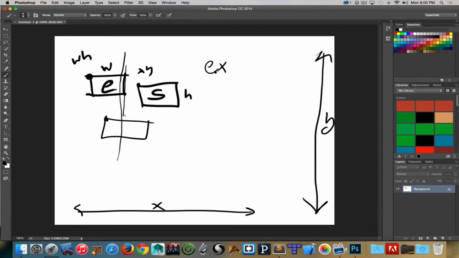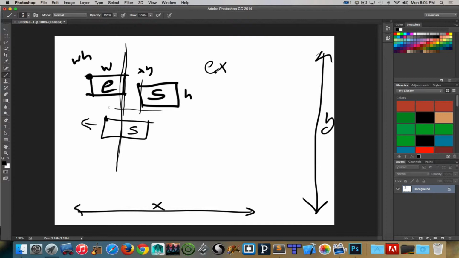So what we're concerned about is at this line here, when has my sprite box crossed it? Because when it's moved past that, on the x-axis, these two objects are overlapping. But this box and this box on the x-axis, they're not overlapping yet.